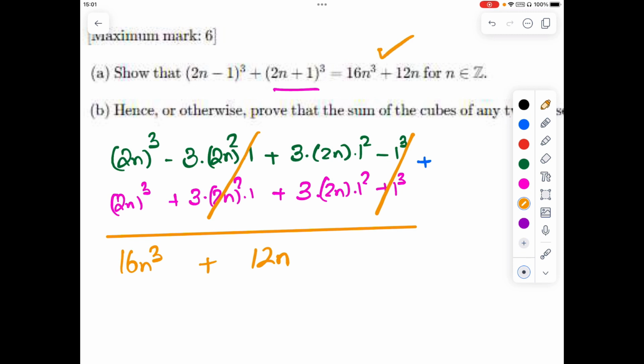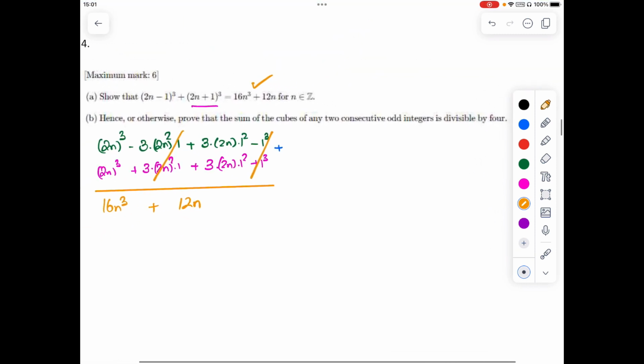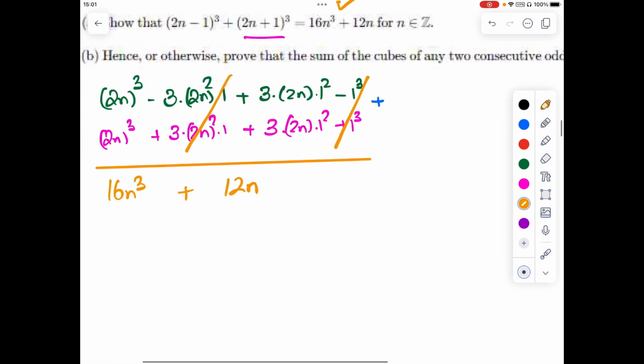Hence or otherwise, prove that the sum of the cubes of any two consecutive odd integers is always divisible by 4. So we know that 2n minus 1 and 2n plus 1 are consecutive odd integers.